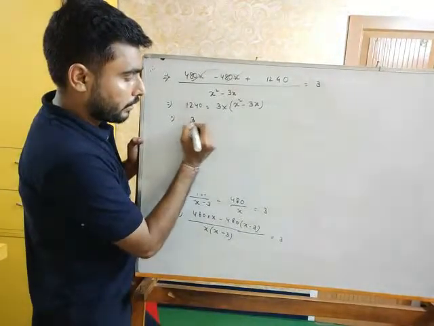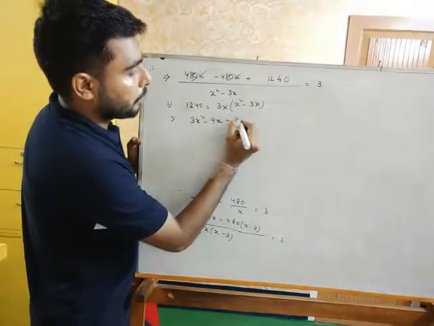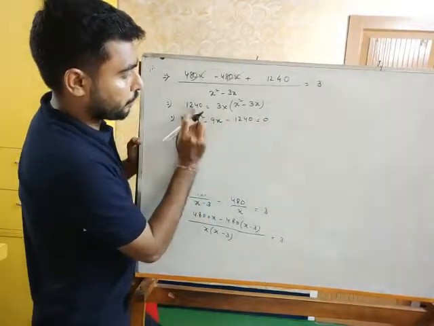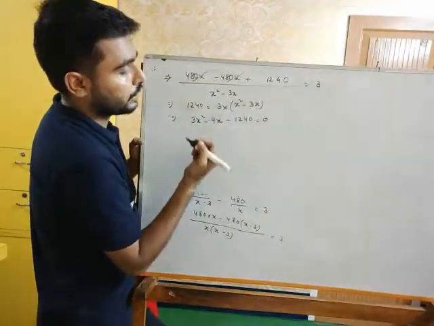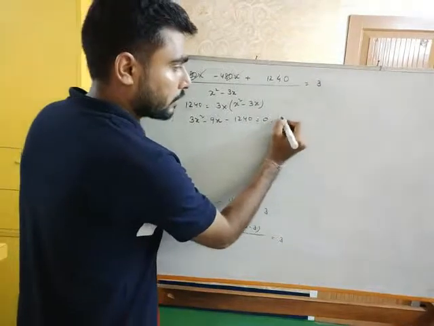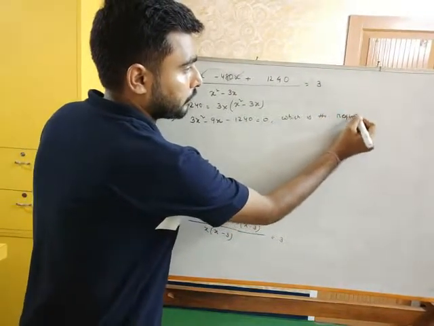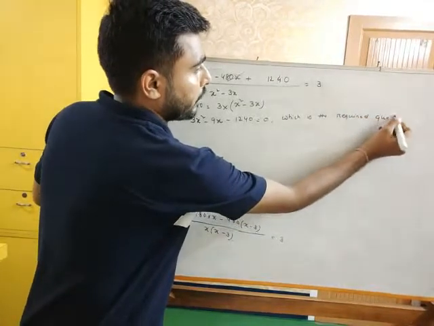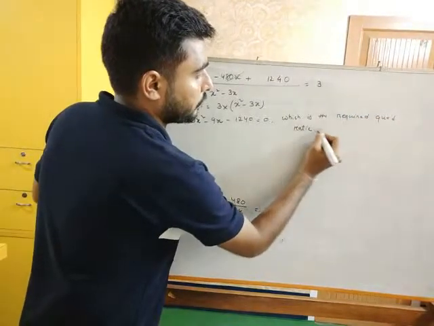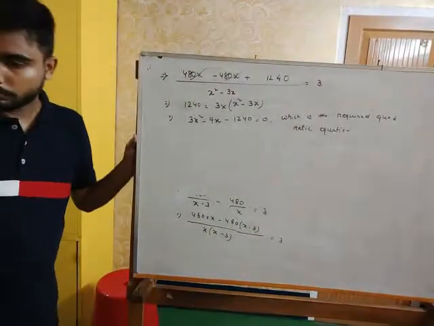So it will be 3 into x square is 3x square, 3 into 8 is 24x, minus 3840, this one taken that side, it will be minus 3840 is equal to 0. I got the equation, which is the required quadratic equation. Any doubt till here?